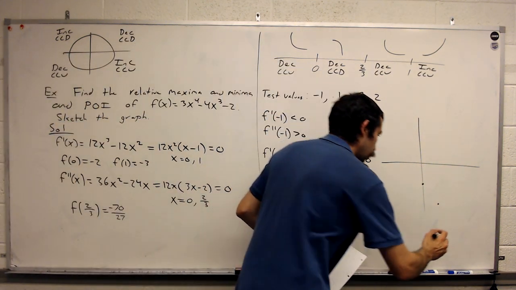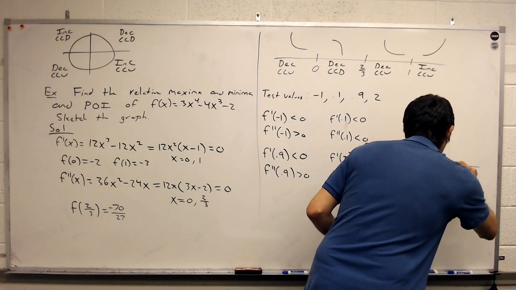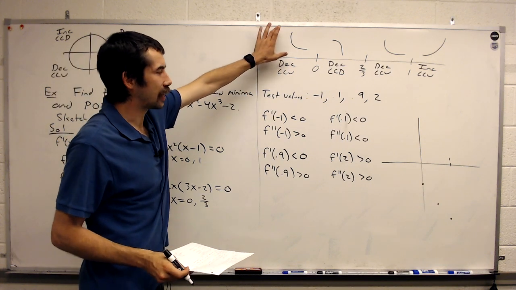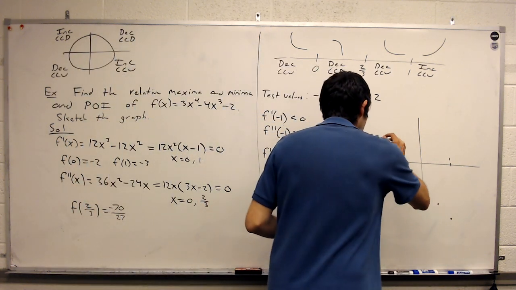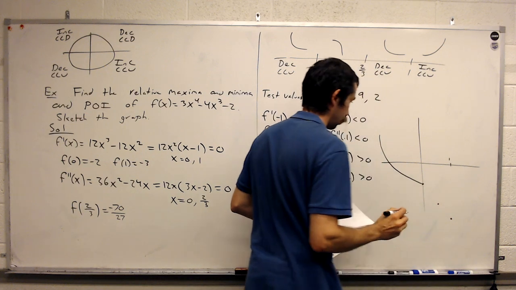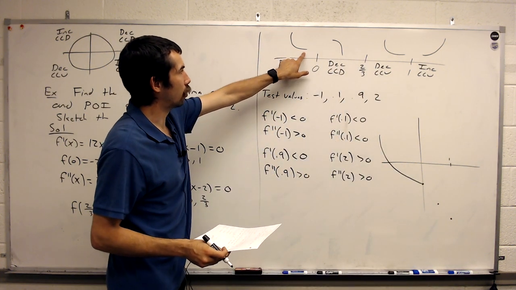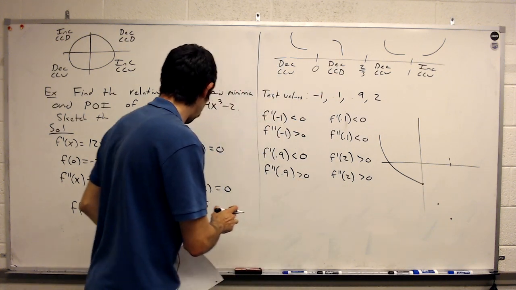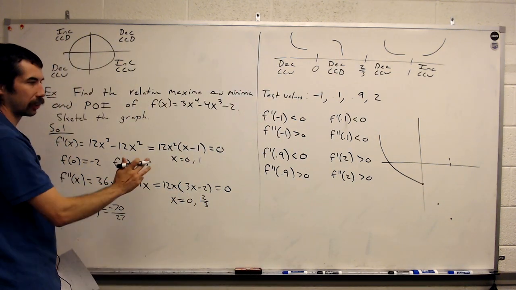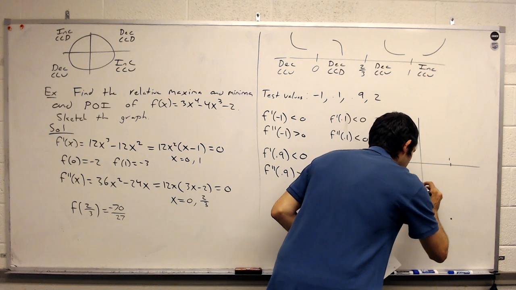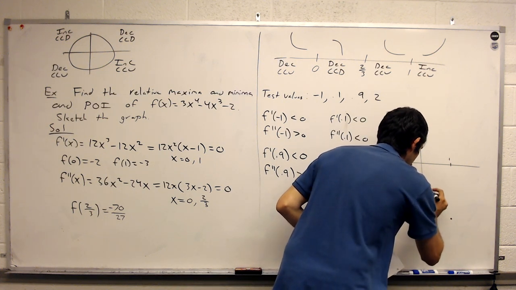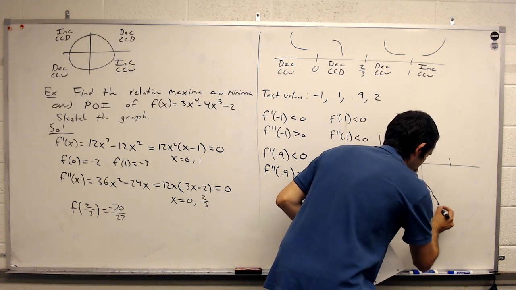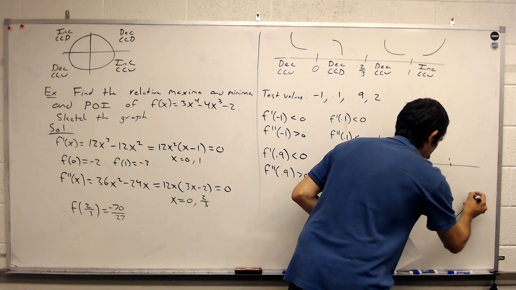So here's 1. Okay, and so from -infinity to 0, our curve looks like this. From 0 to 2/3, our curve looks like this. We also have our first derivative is 0. So we have a flat point there for a moment, and then it goes down. Then we have this shape, and then we have this shape.